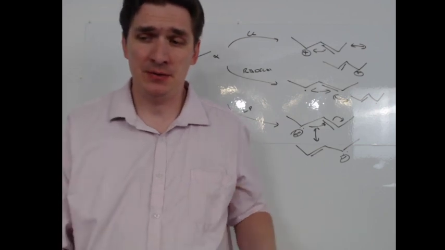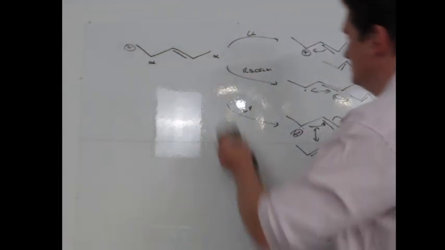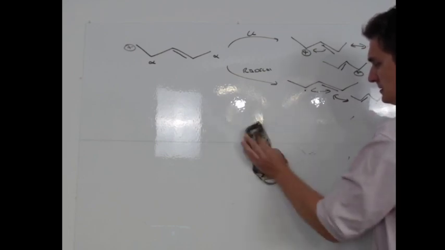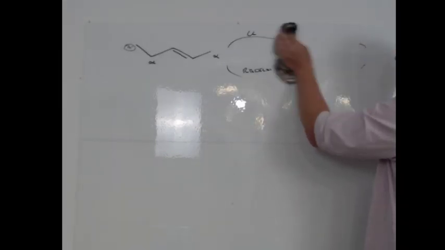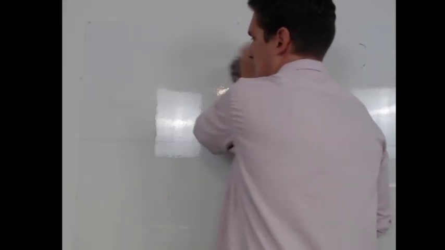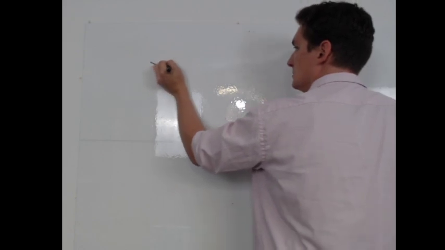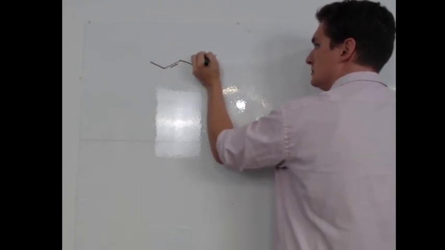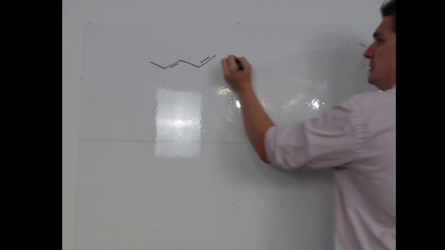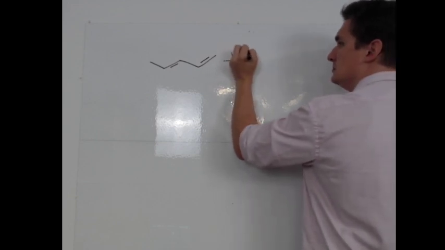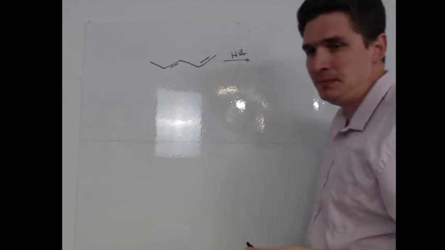Now, to also give you a flavor for Orgo 2, let me just erase this. We have a diene, and we decide we want to do HBr addition.